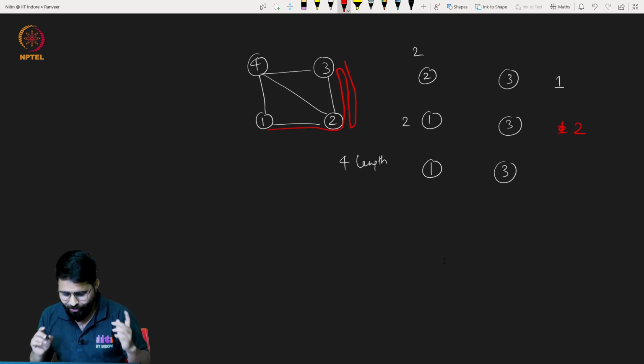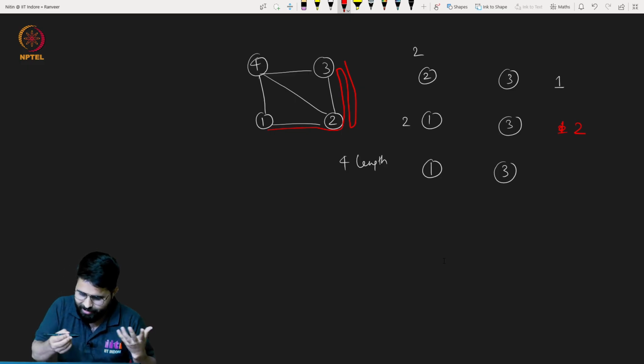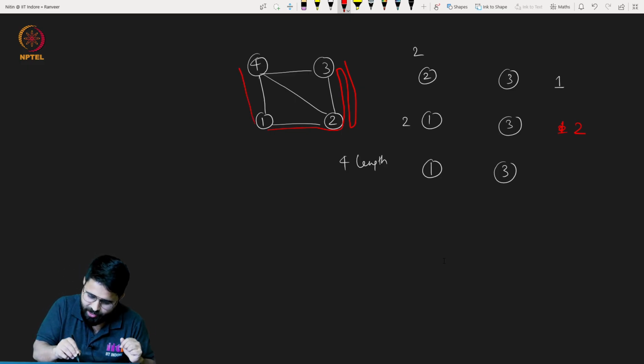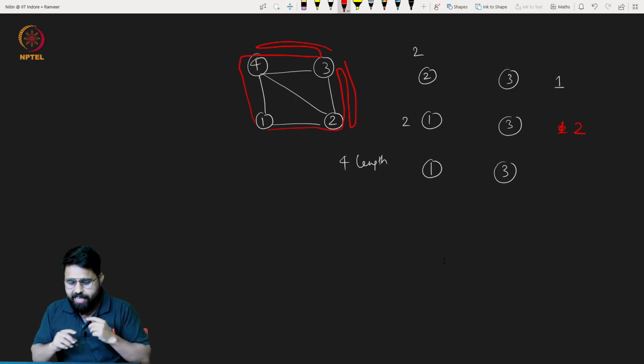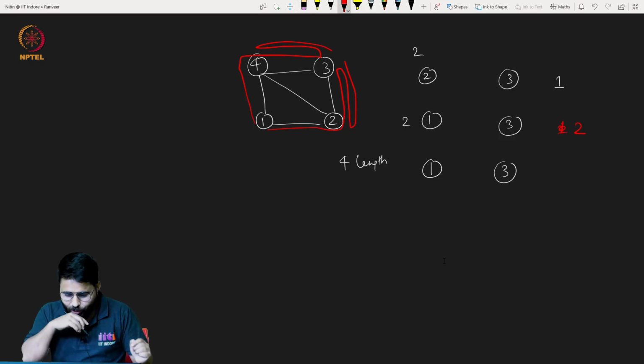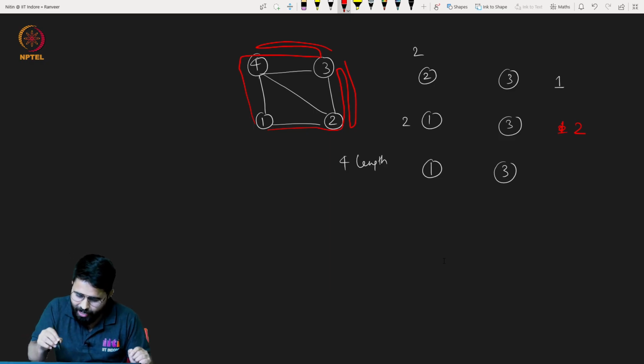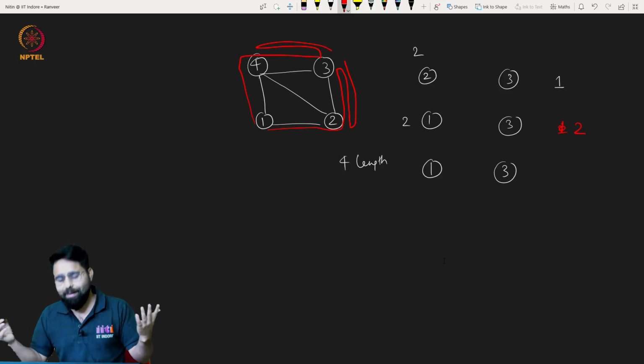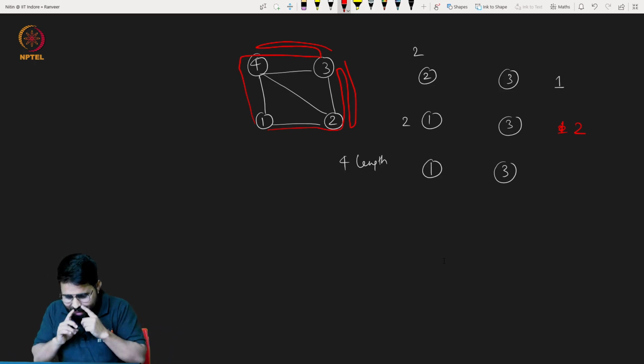So this is one walk of length 4. Another walk is similarly 1, 2, 3, and 4. Maybe there are some more, I'm not sure.